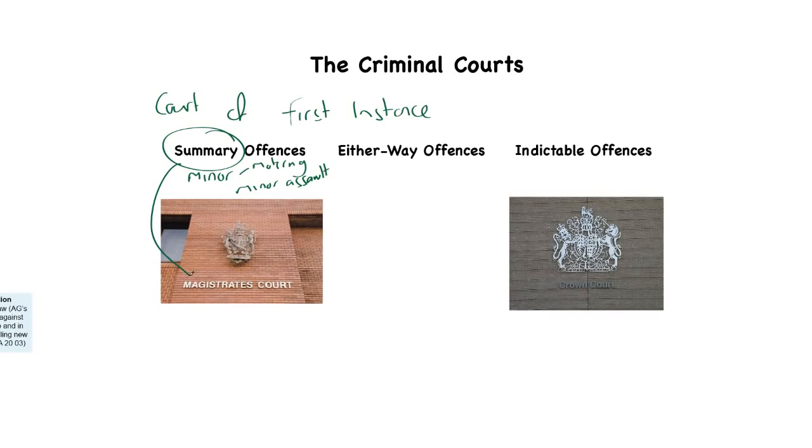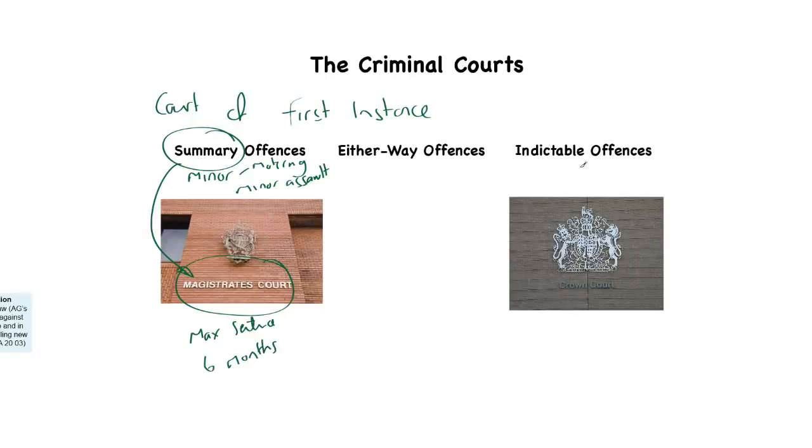The court of first instance for a summary offence is the magistrate's court. So summary offences are only heard in the magistrate's court, and the maximum sentence is 6 months.